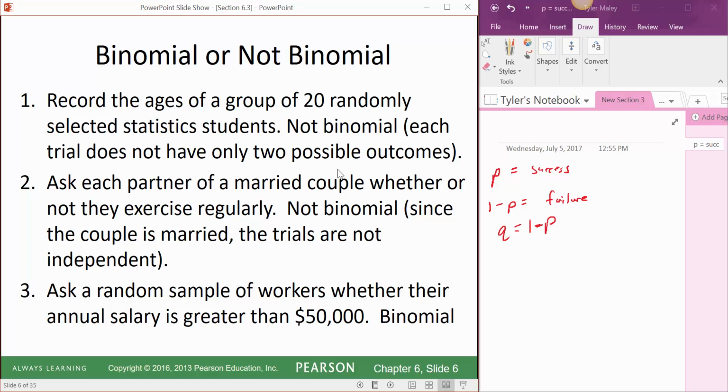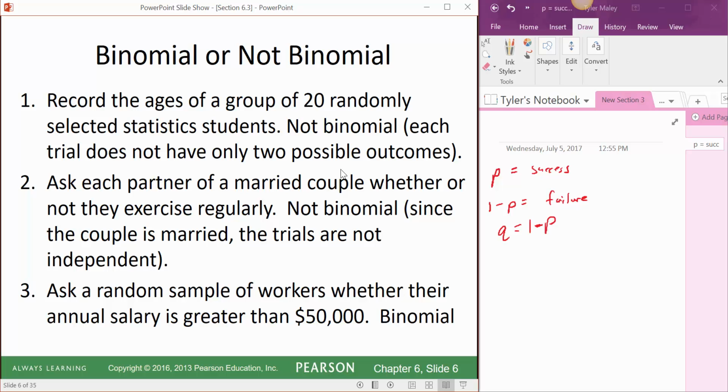For number 1, if we want to record the ages of a group of 20 randomly selected statistics students, this would be not binomial, because each trial does not have only 2 possible outcomes. There are many different ages that we could get, so automatically, that one is not going to be binomial.